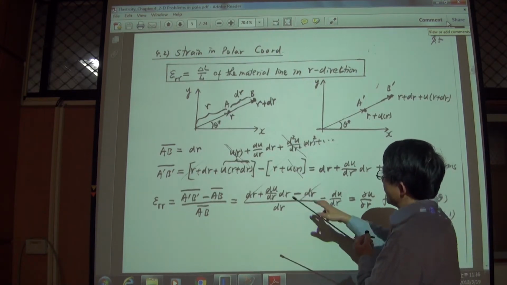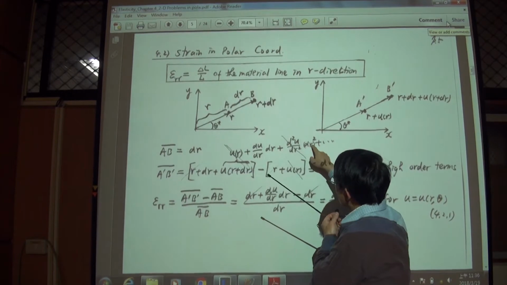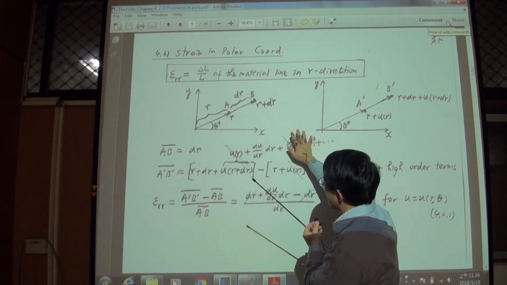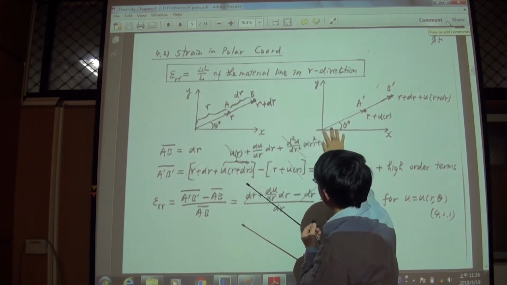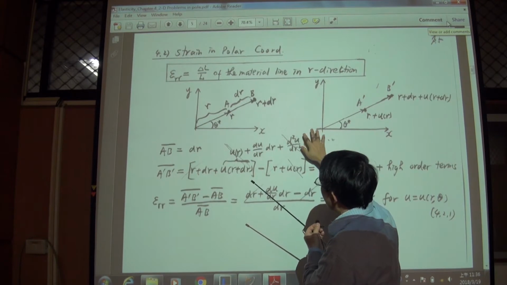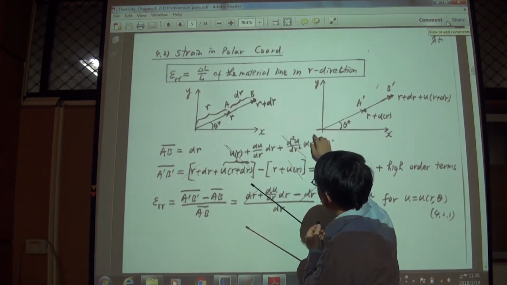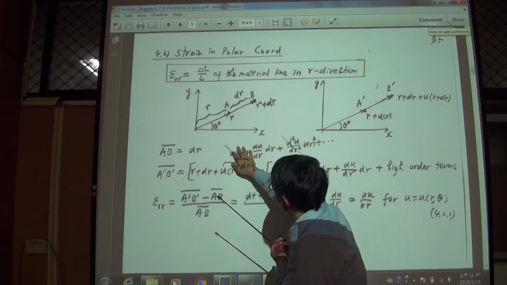But dr is a very small quantity, so dr squared is even smaller. So this term can be neglected as a high order term. All the rest of the terms in the Taylor series can be neglected because dr is very small. So this one is basically equal to this one.